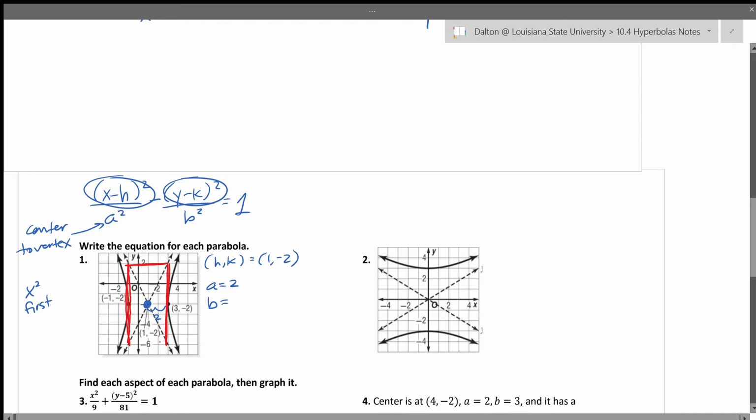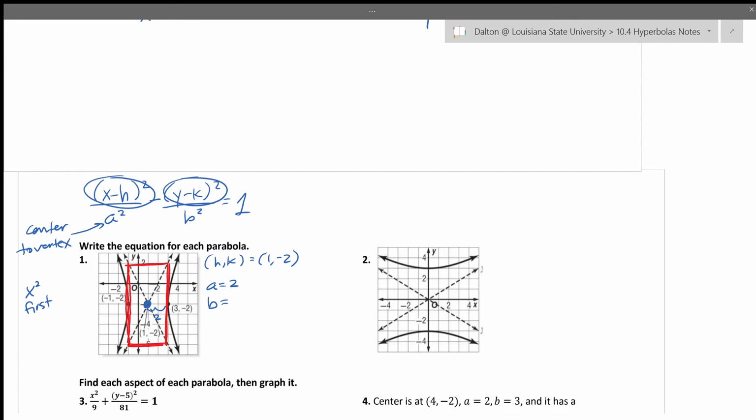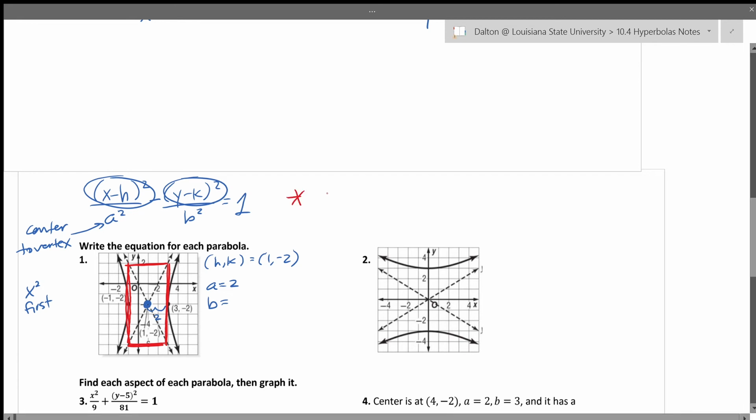Now this red rectangle that I've drawn intersects the asymptotes at all 4 of its vertices. So that's worth writing down here: when you draw the rectangle, it must intersect the asymptotes.